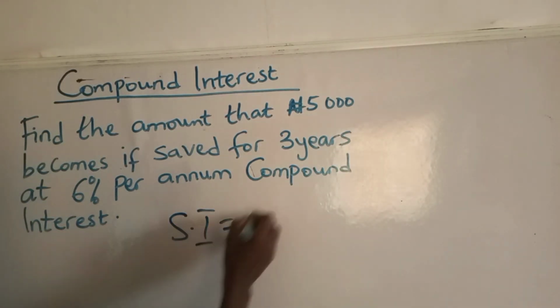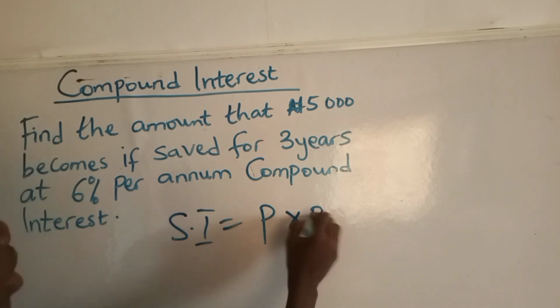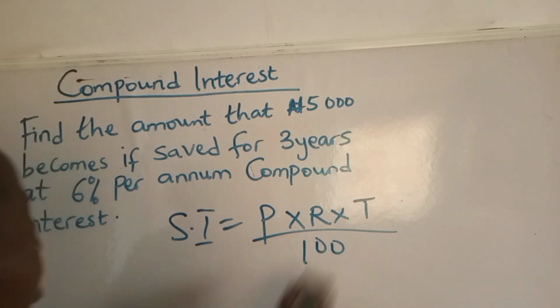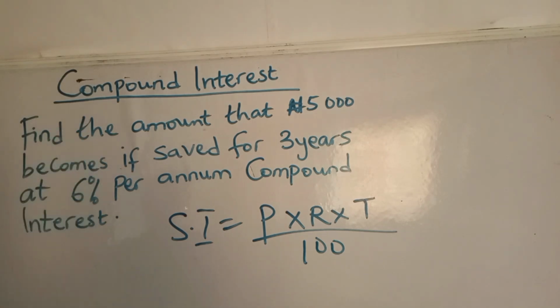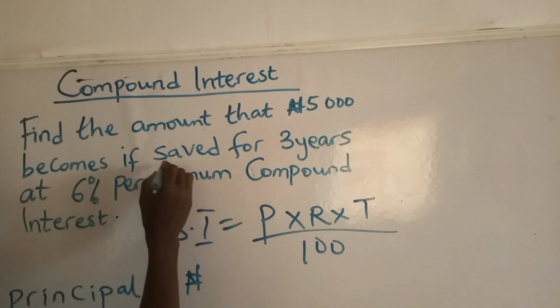simple interest is equal to principal times rate times time all over 100. Now here, our principal, the actual money, is 5,000 naira. This one, remember, is saved.